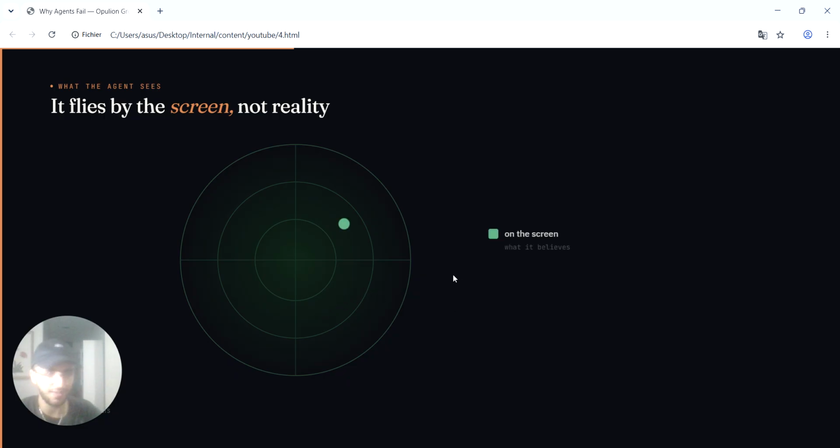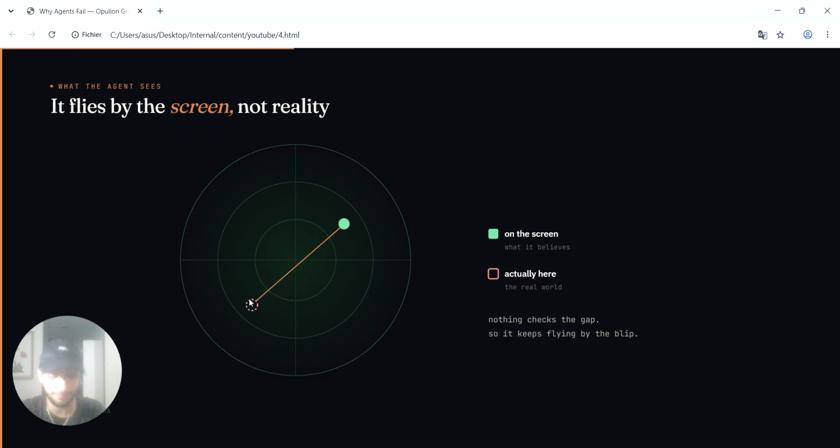This green dot is where the agent thinks the plane is, what it believes to be true. And this dashed one over here is the actual reality, where the plane actually resides, the ground truth.